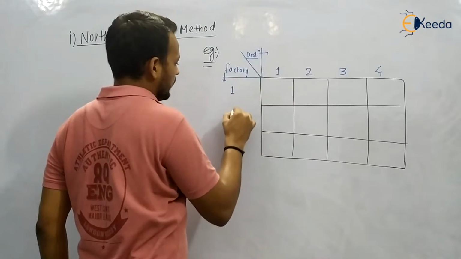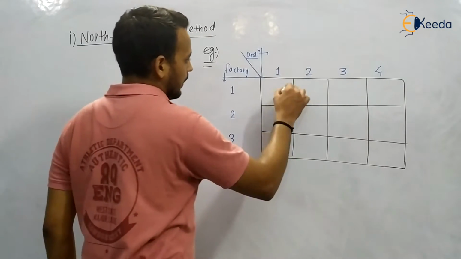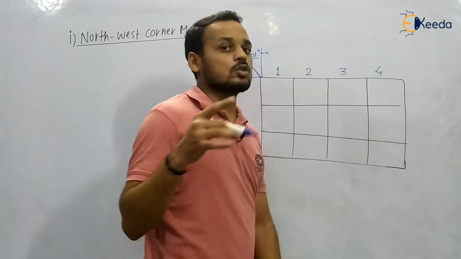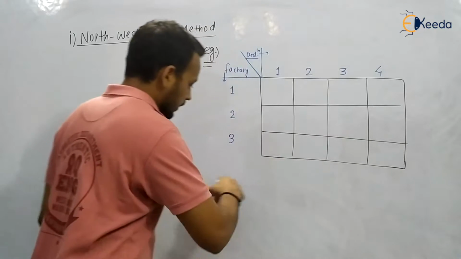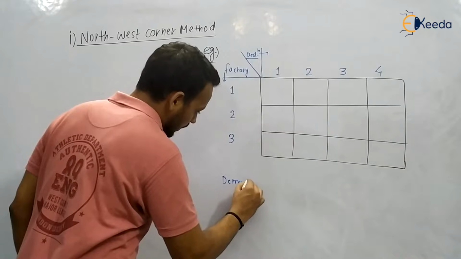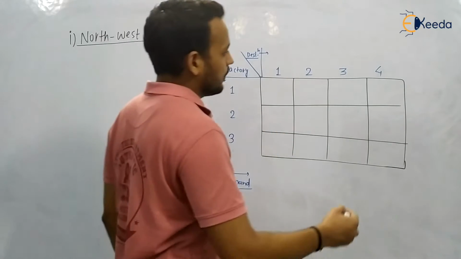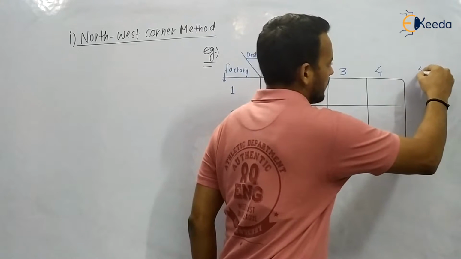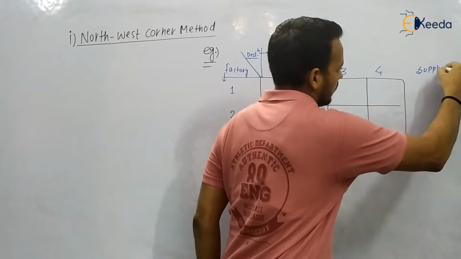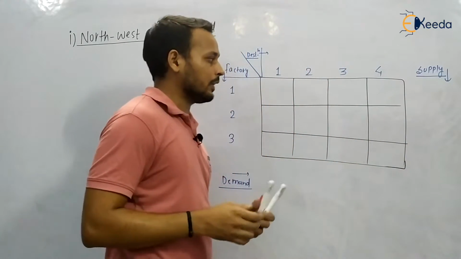Items are present in the factory, and here the cost per unit is written. Here we will take the demand. Some demand will be available for each destination, and we will have some supply available with the factories. So we will take an example.